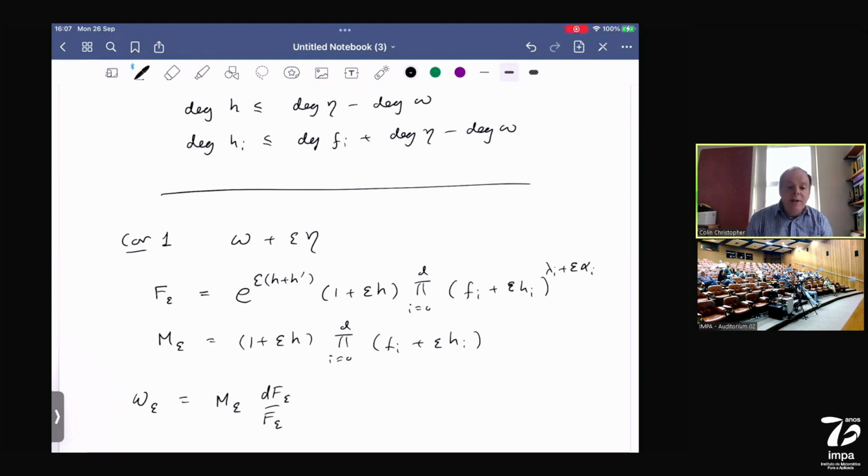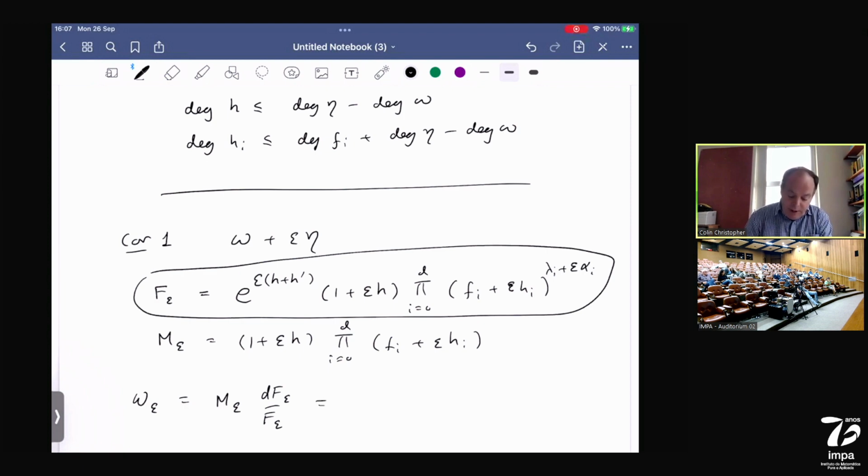So this is the perturbed system in this family of Darboux first integrals that we wrote down over here. It turns out to be my original omega plus epsilon eta tilde plus some order epsilon squared terms here.